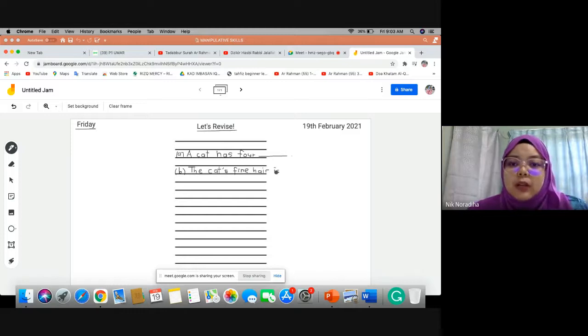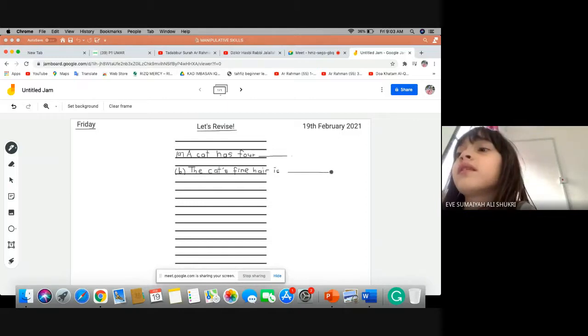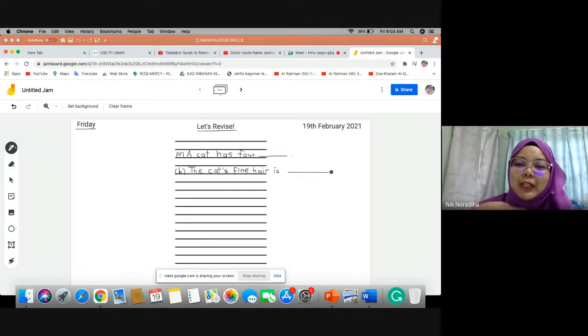What do we call it? Fur. Good job. Yes, the cat's fine hair, we call it fur. But we humans, even if we have hair on our hands or legs, we don't call our hair fur.